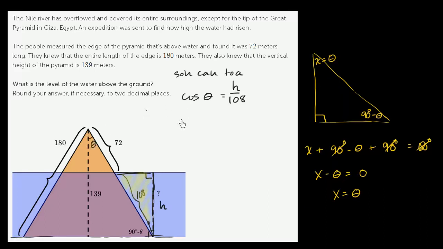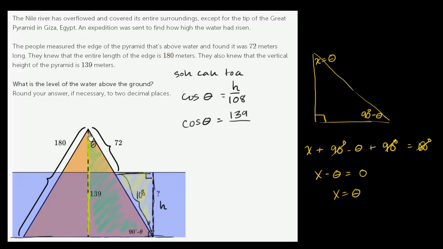So if we look at this theta, what is the cosine of theta? And now we're looking at a different right triangle, this entire right triangle. Based on that entire right triangle, what is cosine of theta? Well, cosine of theta, once again, is equal to adjacent over hypotenuse. The adjacent length is this length right over here. We already know that's 139 meters. And what's the length of the hypotenuse?